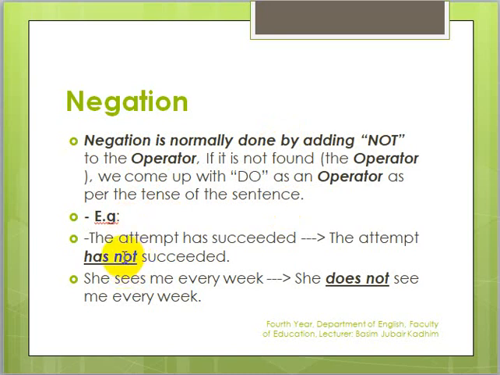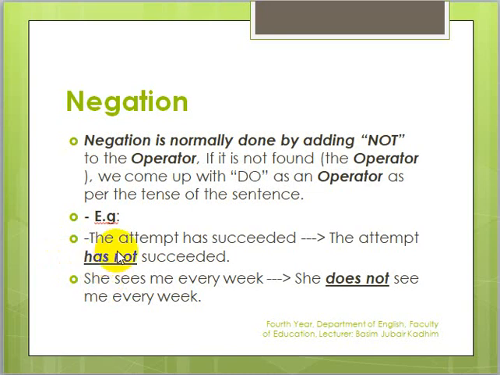Now the operator here is the auxiliary verb, and as we said, the auxiliary verbs can be has, have, or had; do, does, or did; and is, and all its forms, depending on the type of the sentence and the tense of the sentence.